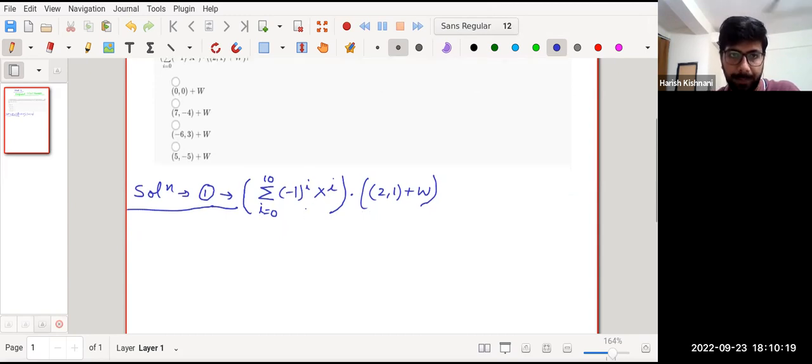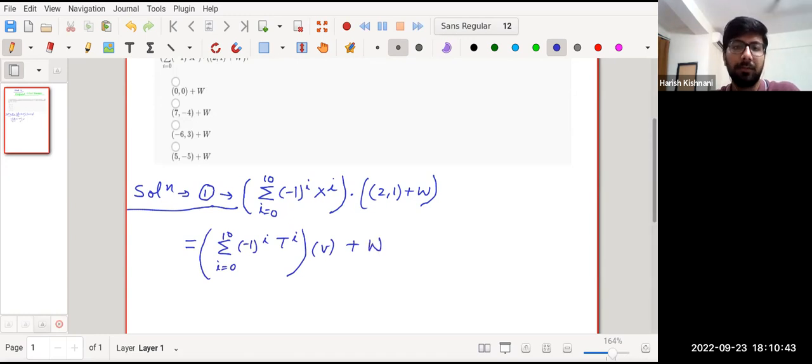We need to put T wherever x is. So summation i equal to 0 to 10 of (-1)^i T^i, the entire polynomial applied on v plus W. This is the definition.